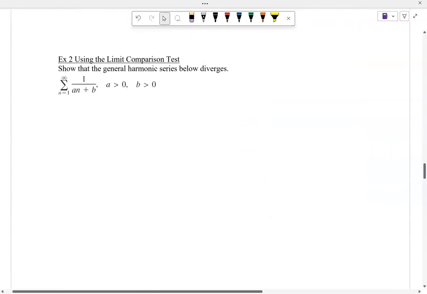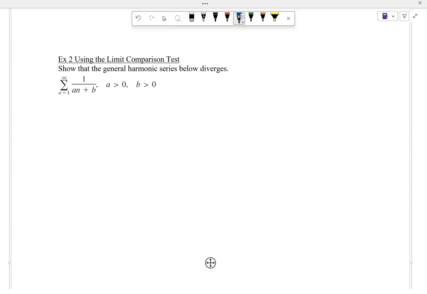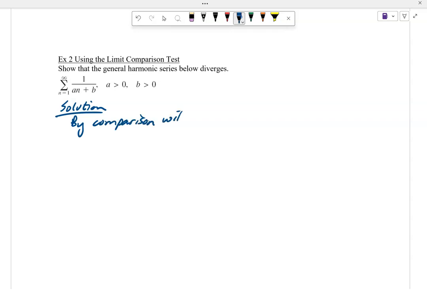Let's do it for just a general harmonic-type series. I know a and b are usually values here, but we can, by comparison with b of n, where our b of n is just 1 over n.